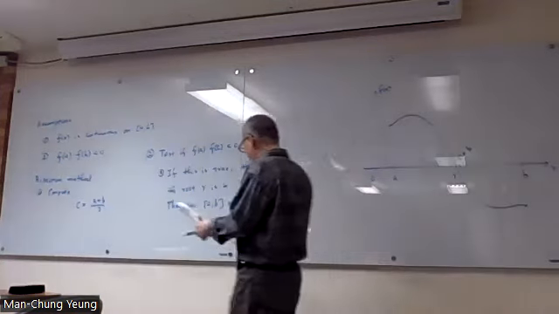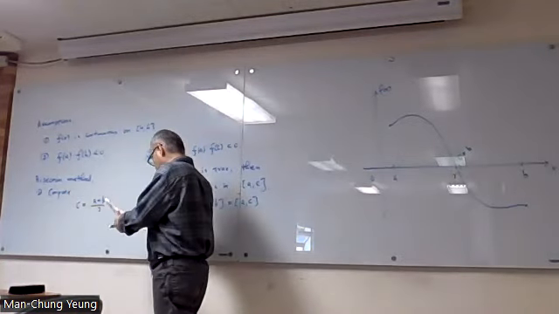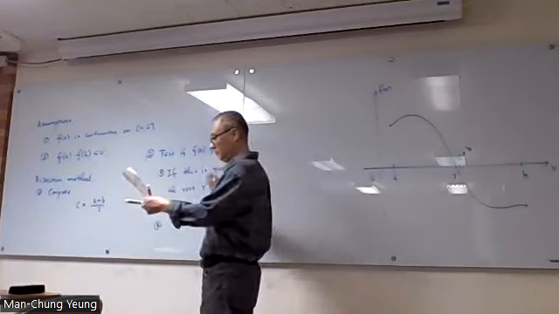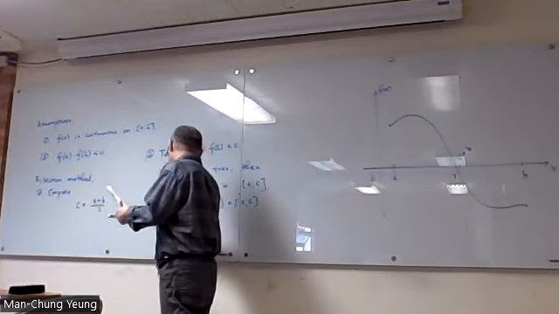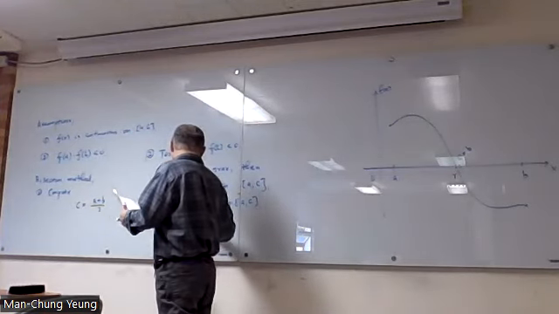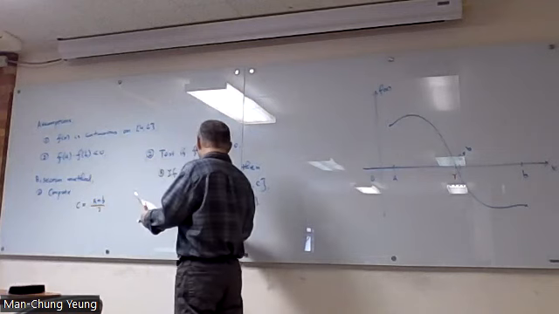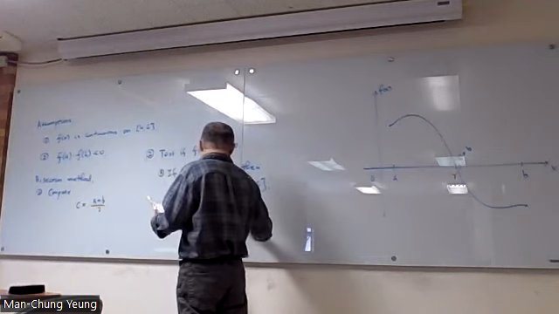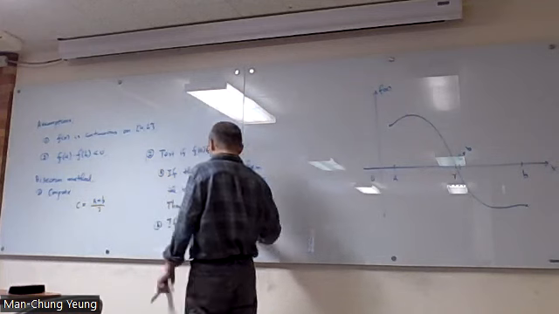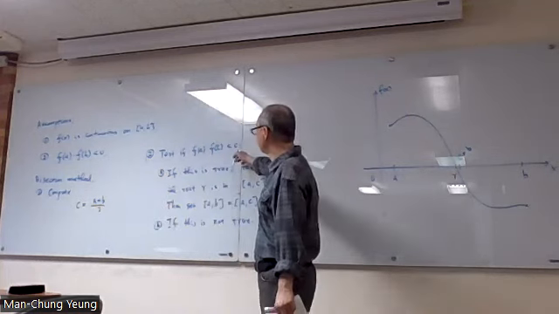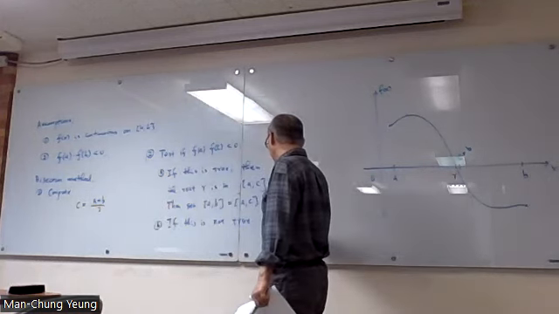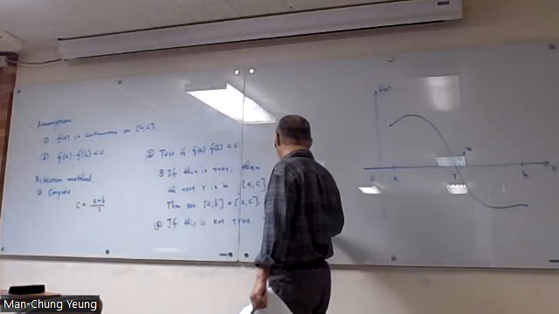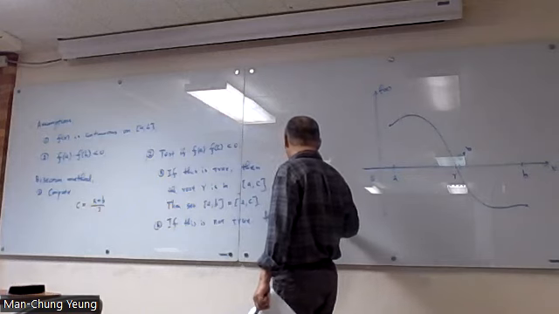The second possibility is that this is not true. If this is not true, then what? Then f of A times f of C is greater than or equal to 0.